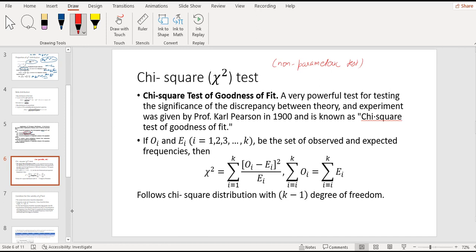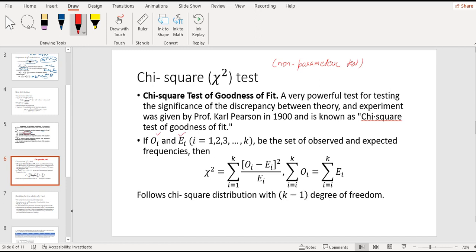So what we want to know is: if we conduct an experiment and observe some frequencies, and on the basis of some criteria we calculate the expected frequencies also, our hypothesis is that there is no significant difference between the observed frequency and the expected frequency.